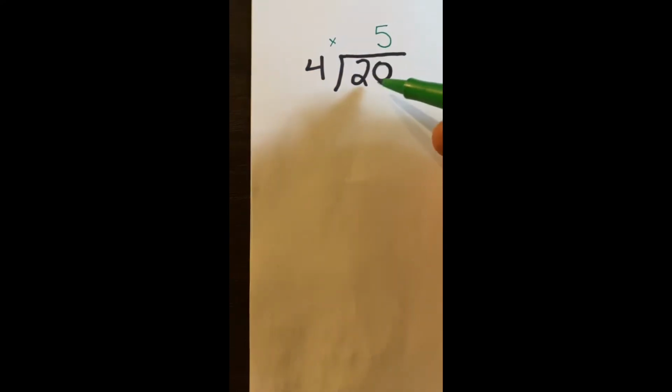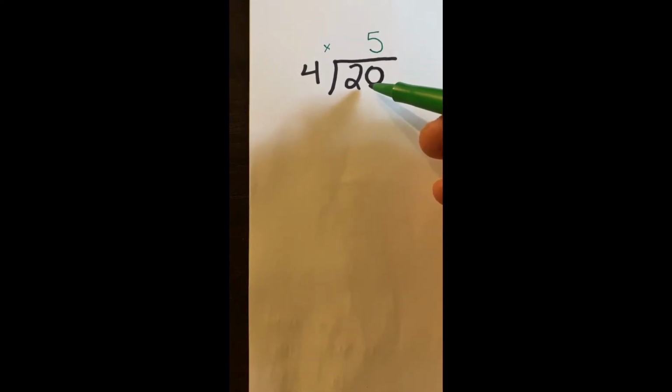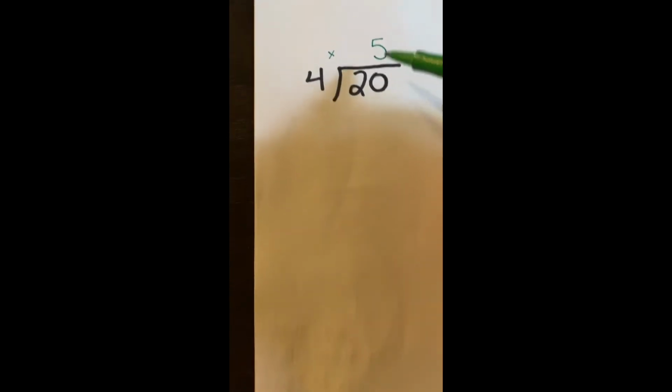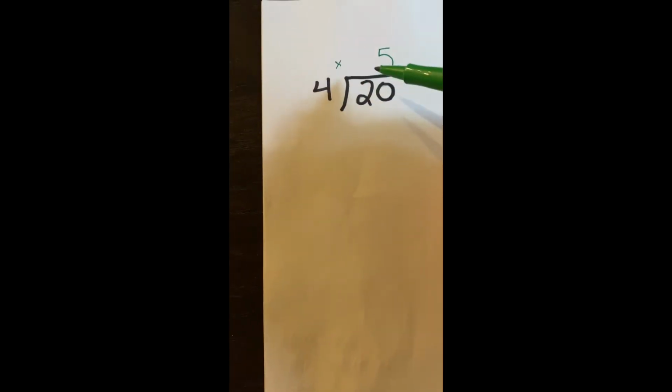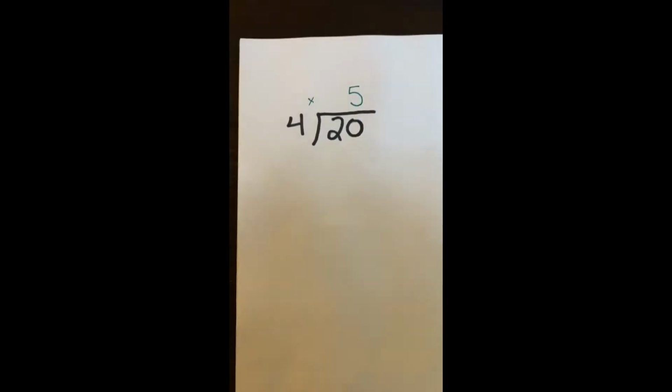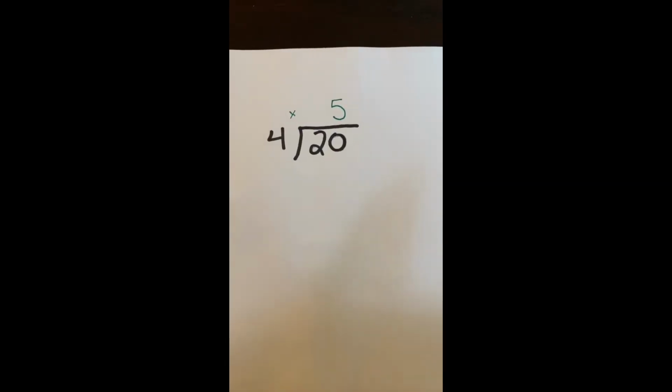Because remember, when you go in reverse, 5 times 4 makes 20. That's what division is. It's reversing multiplication. So when we worked on our division facts, based on our multiplication facts, we can many times get problems that work out perfectly even. 20 divided by 4 is 5. Nothing left over. It's exactly 5.